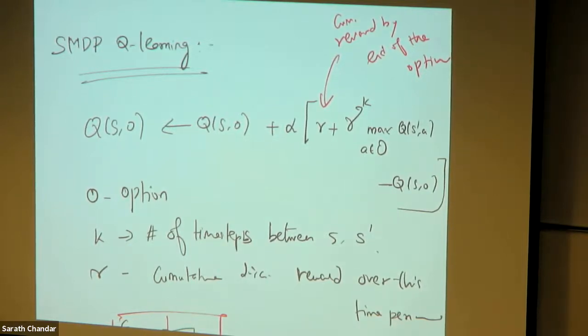Now, how can we do that? There is actually a very elegant way of doing that. It's called intra-option Q-Learning. Intra-option Q-Learning is an off-policy method.